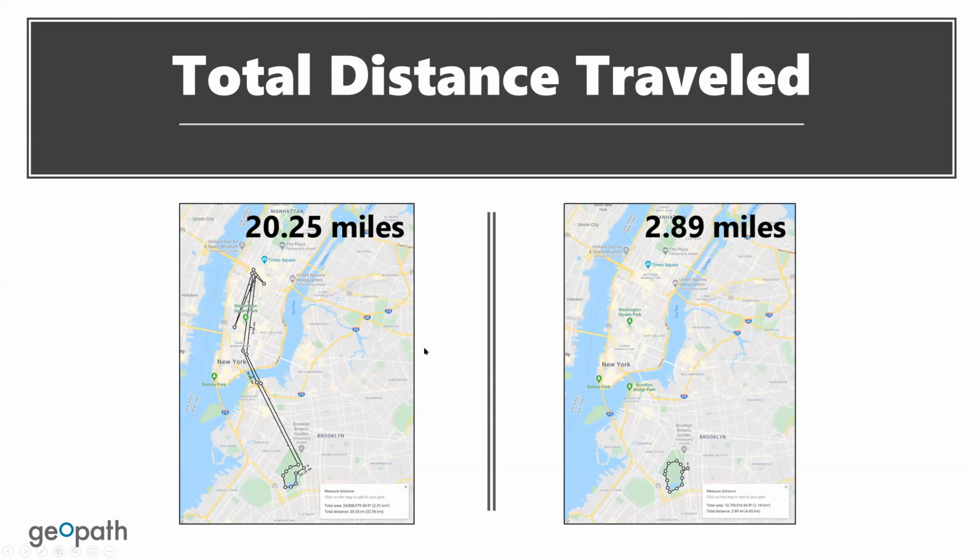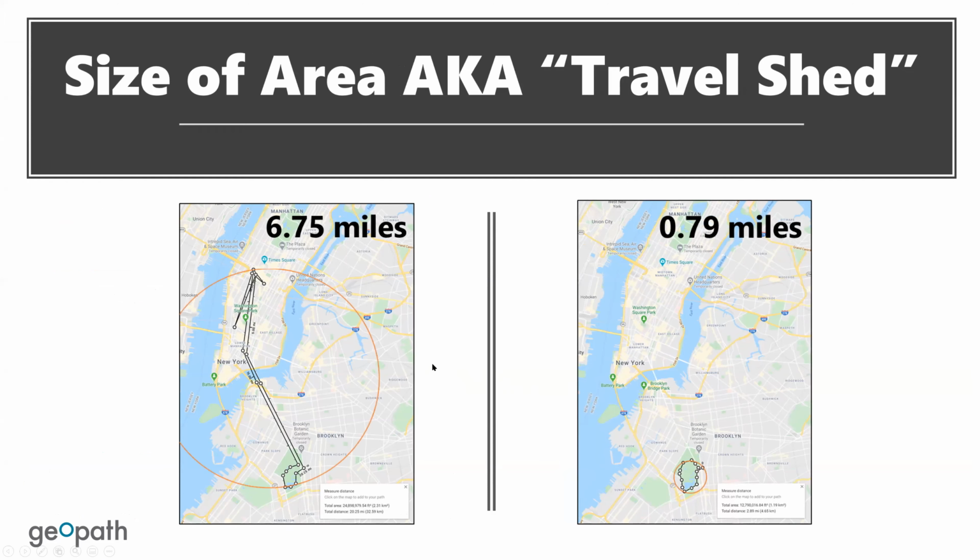All right. So that first dimension that we talked about, we're looking at the total distance traveled. That's part of the activity dashboard. Again, how long was the path that you traveled in a given day, versus the size of the area, or the travel shed, as we've been calling it. And I think this is a really good indicator, because it sort of shows how people's worlds are really constricting.